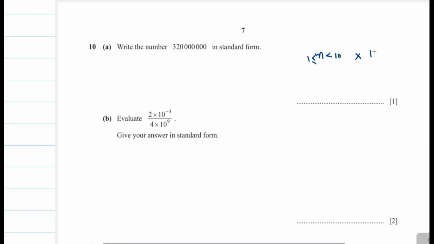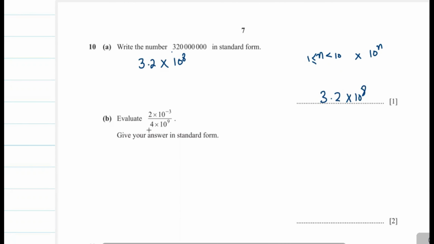And for the other number you have to take a power of 10. Now you can write it as 3.2, the first number. And the second value is the power of 10. You see here, 1, 2, 3, 4, 5, 6, 7, 8. Now 10 power 8, that is the answer, 3.2 multiplied by 10 power 8.